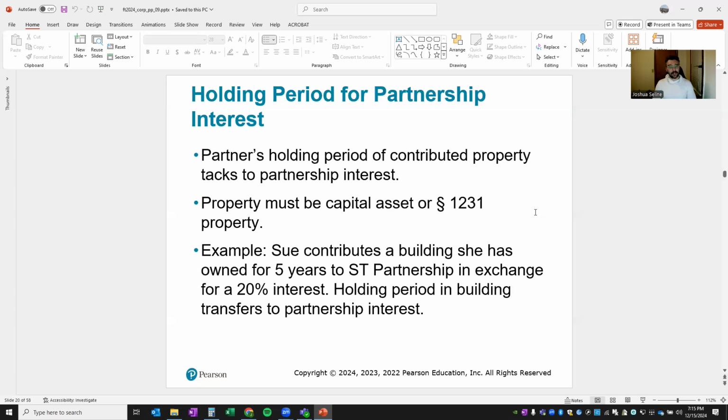The property must be a capital asset or section 1231 property. Here's an example: Sue contributes a building she's owned for 5 years to a partnership in exchange for a 20% interest. The holding period in that building transfers to the partnership, so the partnership would essentially have 5 years of ownership of that building because Sue had it.